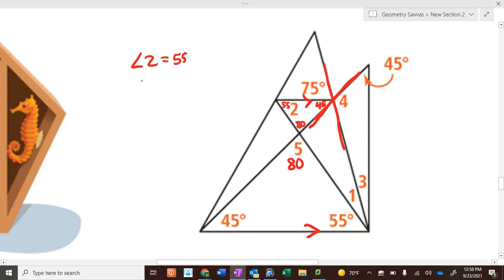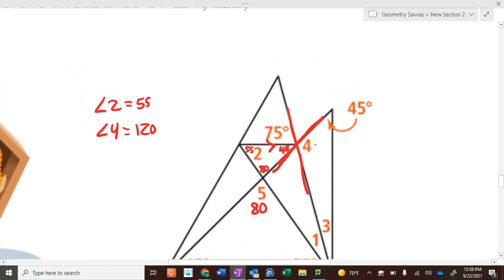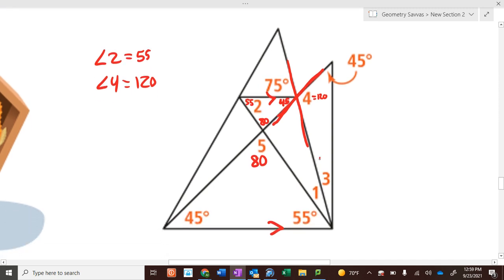So what's angle 4? 120. All right, so we know 4 is 120. Well, now all of a sudden I can figure out 3 because I have 2 angles of this triangle. 120 and 45 is 165. What's left for 3? 15.